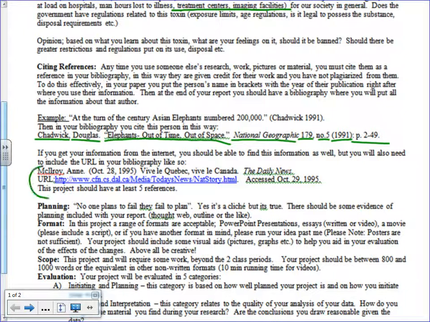Websites are harder to cite because people don't like to put their name on stuff on the internet for some reason. If you are having a difficult time finding a lot of this information from a website you're using, chances are the website's not that credible. Crackpot Joe's website about pot smoking is probably not a credible website to use, because this is some guy that lives in his mom's garage and smokes dope all day.